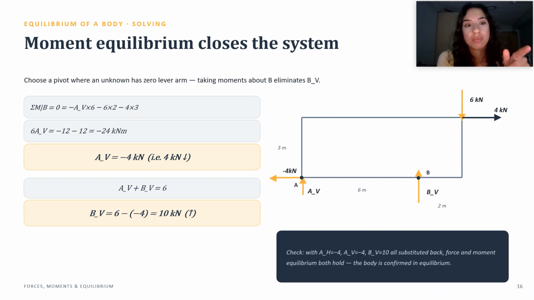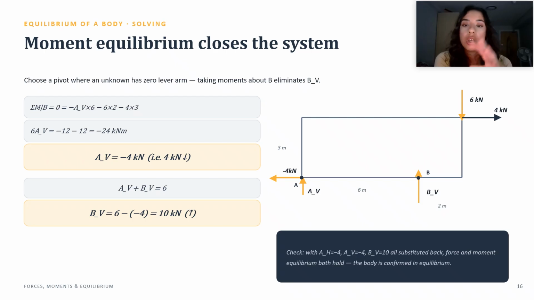Then we find the 4 kilonewtons, multiplied by 3, and again that is going to be clockwise, so it will be minus 12. And the total gives us that 6 AV equals minus 24 newton meters, so AV must equal minus 4 kilonewtons, so that is 4 kilonewtons downwards.